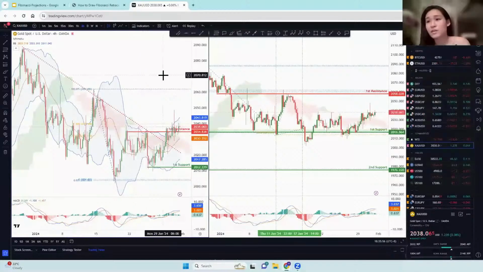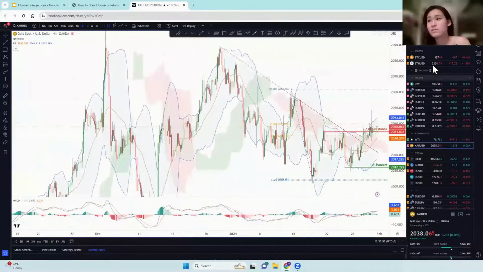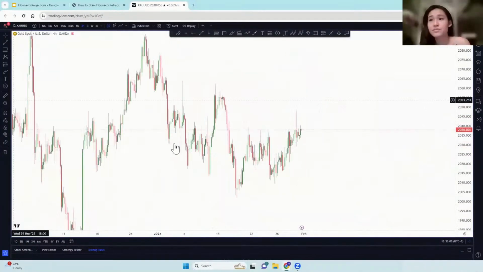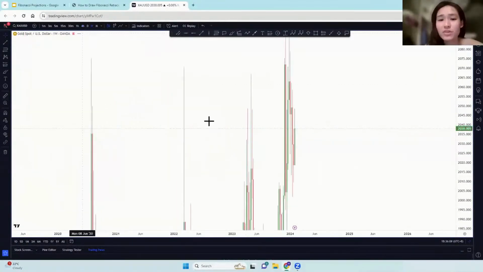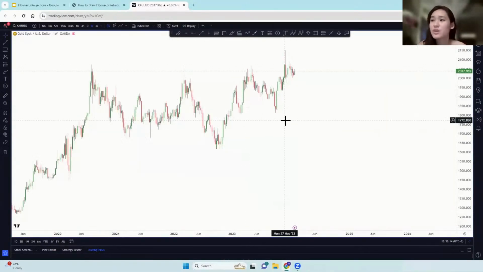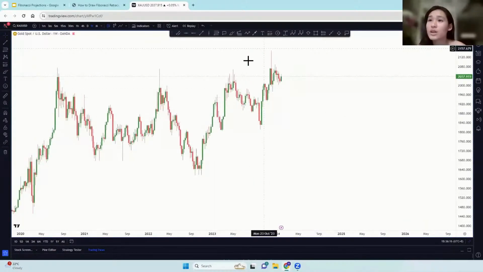So let's start off by looking at the higher time frames first so that we get an idea of what the general trend is. So on the weekly time frame, we can see price moving upwards.